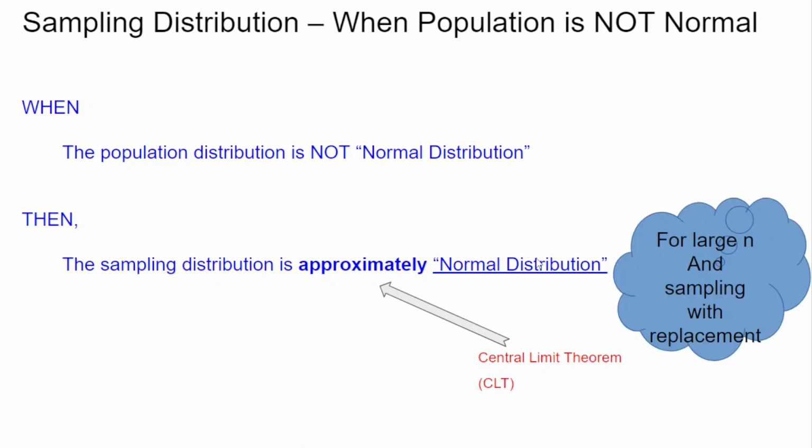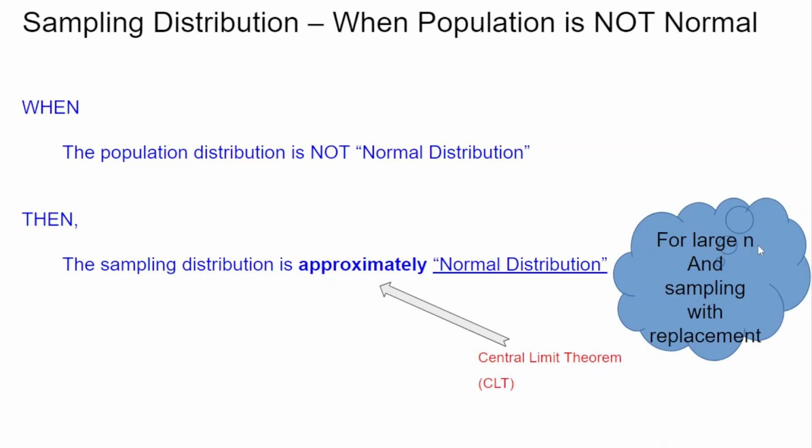Okay? And there is a definition to this, which also comes with a boundary point, which is that this is for large n values. Okay? And when we do the sampling with replacement. So here we have constrained ourselves to say, look, when your population is not normal, the sampling distribution will converge to a normal distribution if you have a large n.